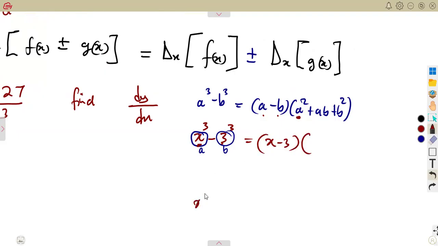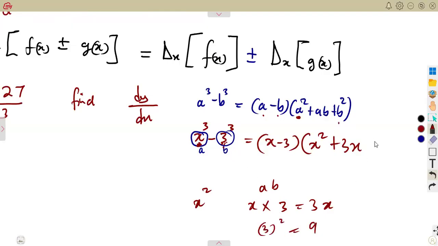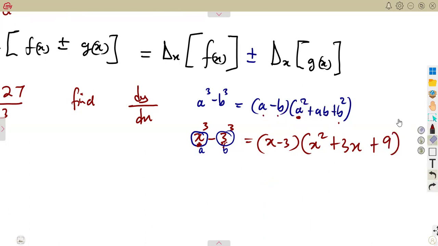Our a, which is x, is just going to be x squared plus ab, that is the product of a and b, x times 3, which is 3x. That's our ab. So this is going to be 3x plus b squared, which is the last term squared, which is 3 squared. So 3 squared is 9. So this is the format, guys. Also, you're given this from your formula sheet. So you need to understand that.